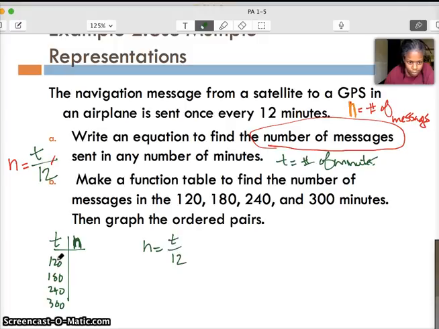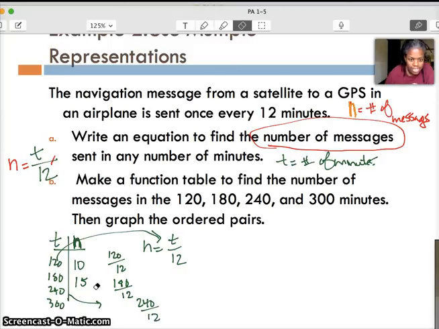I'm just going to plug in each of these for t to get my answer. So the first n value would be 120 divided by 12, and we get 10. The next one is 180 divided by 12, and we get 15. The next answer would be 240 divided by 12, and you can see that we would get 20.